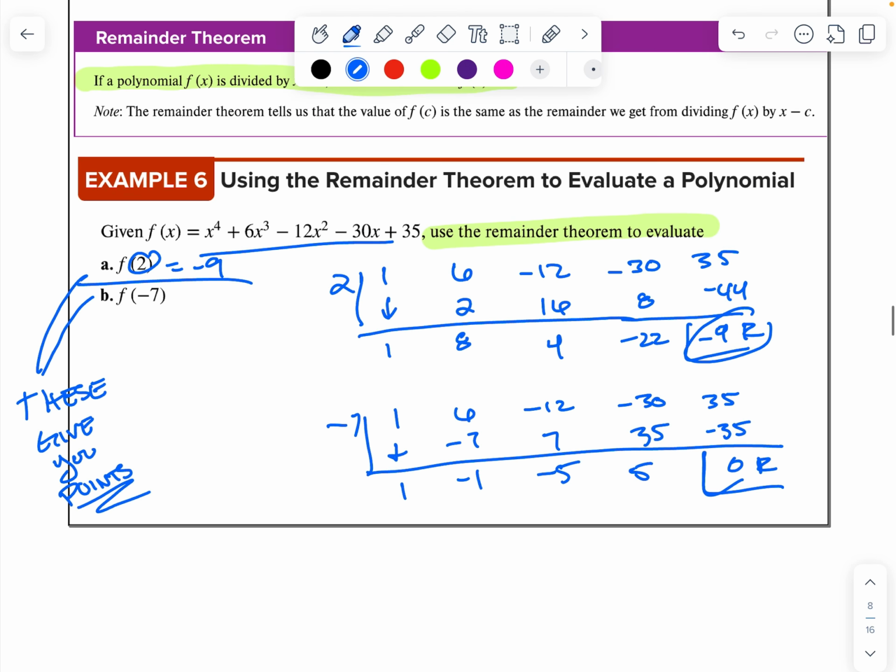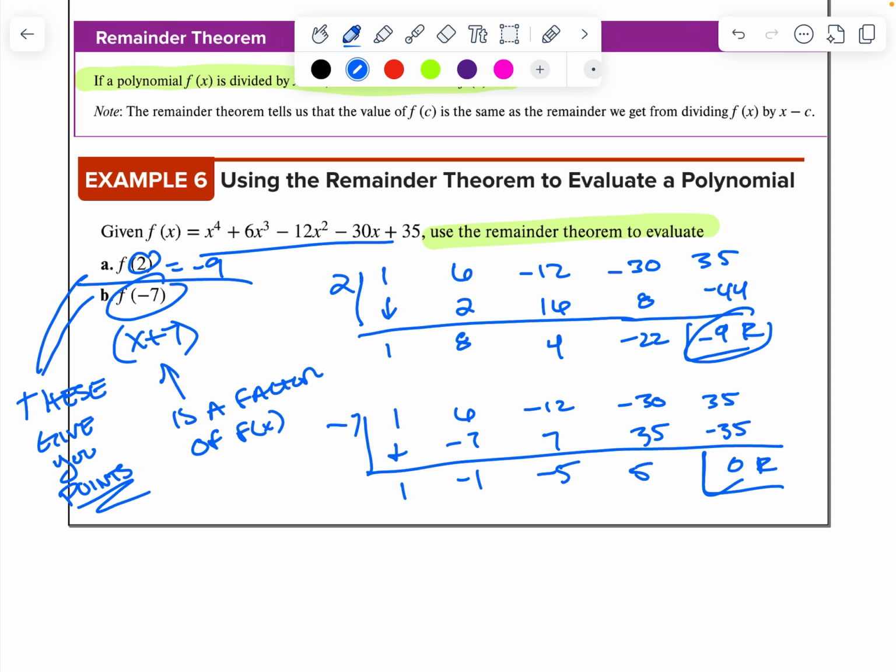So in this problem with synthetic division, since f of -7 turned out to be 0, that means that x plus 7 is a factor of f of x. That's the factor theorem, okay?